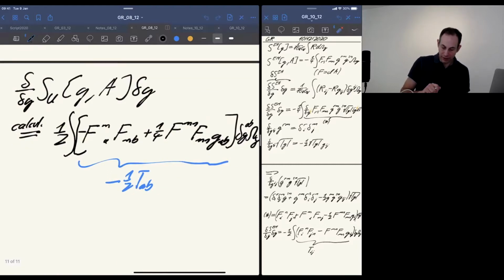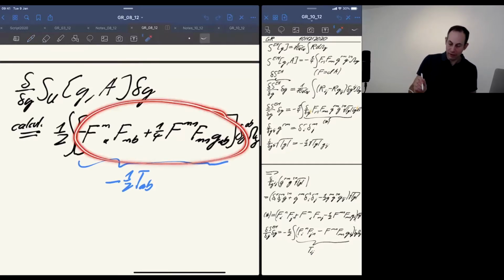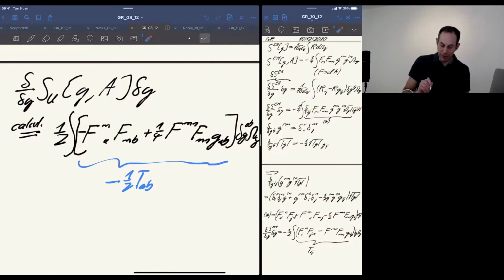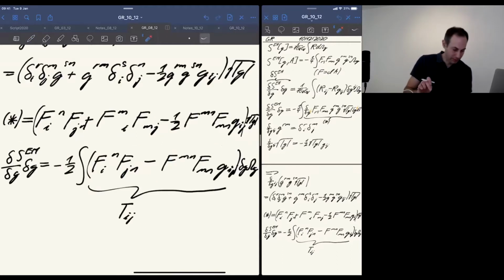Okay, I see, it should be this one here. Now I see that there's probably a 1/4 missing here. Somehow I'm missing a 1/4.